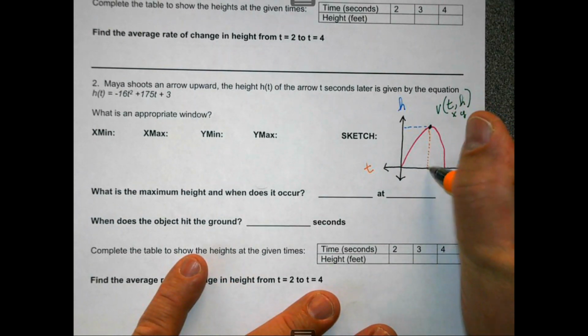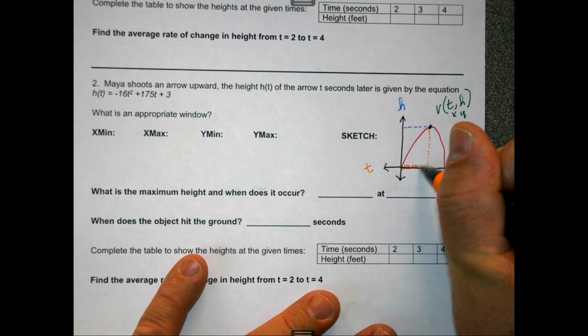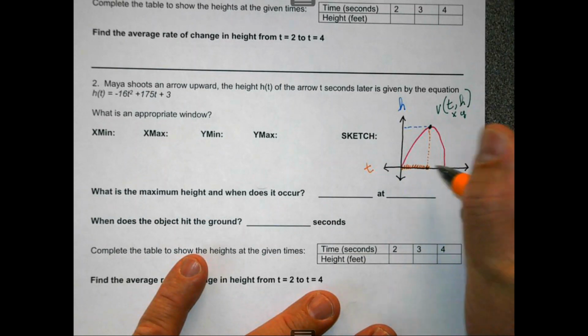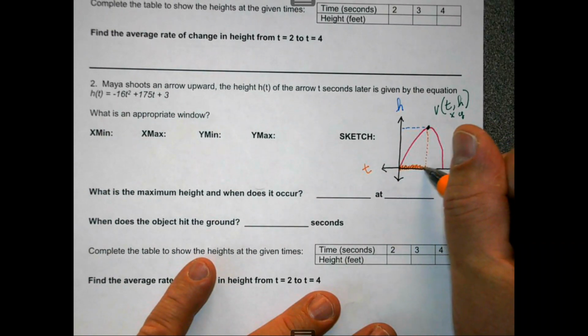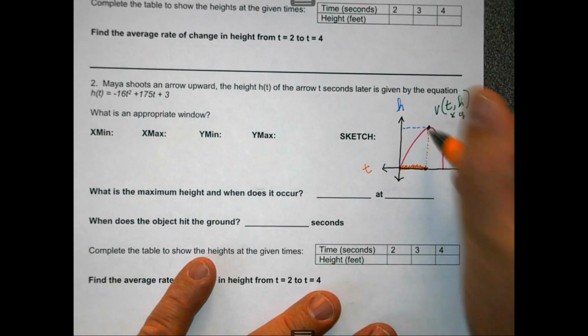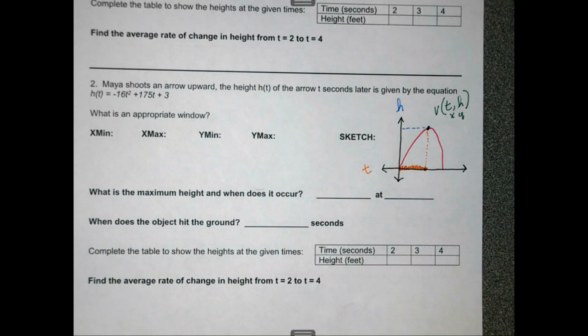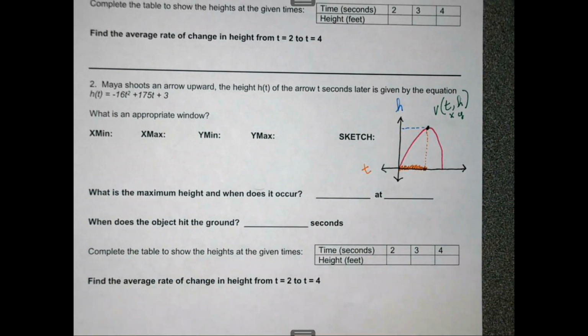So that would be this T value. At the maximum height, that's where we want to know how many seconds this is.